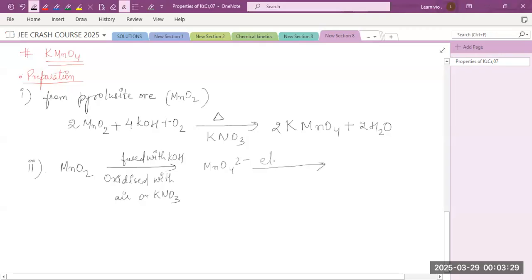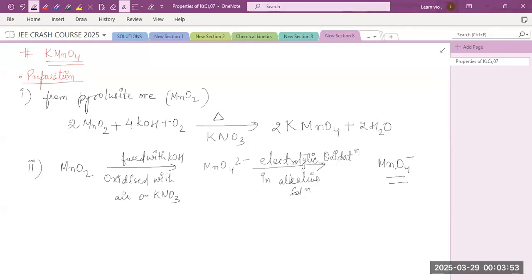Further, when you do electrolytic oxidation in alkaline solution, you will get the permanganate MnO4 minus ion. So commercially it is prepared by using this reaction.